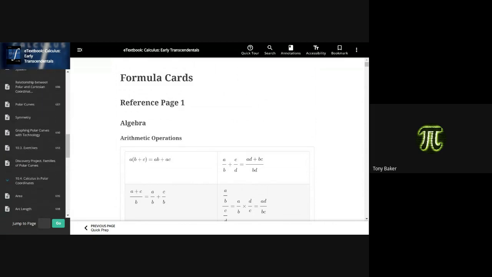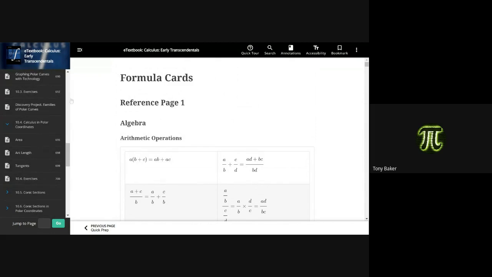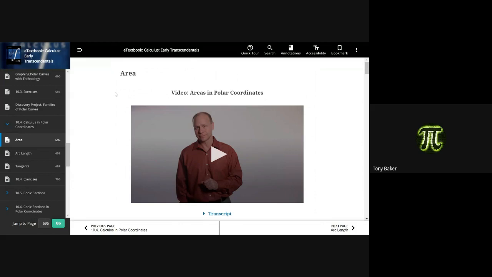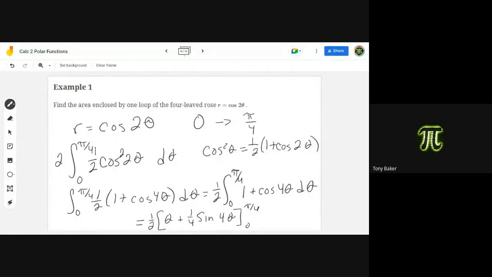All right, so we've got that. Now I've got to plug in my 0 and my pi over 4. Okay, back to here. So if I plug in pi over 4, I get 1/2 pi over 4.